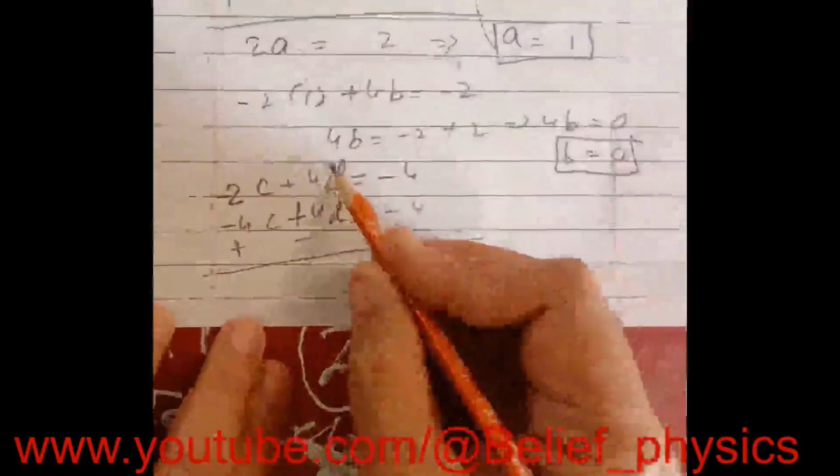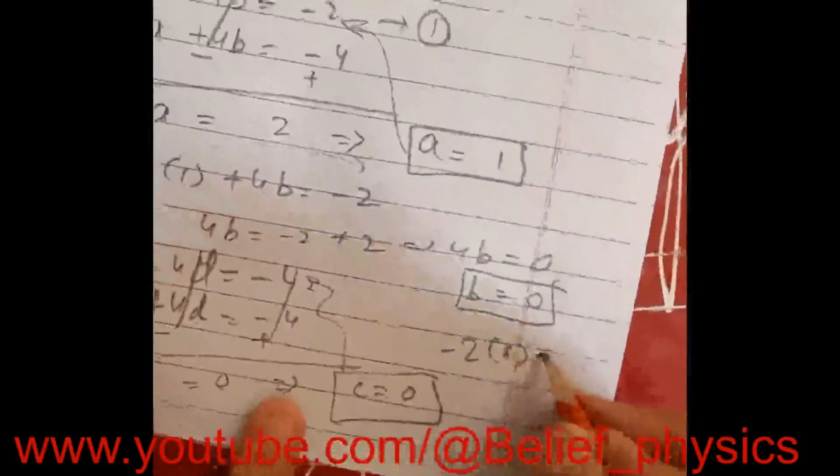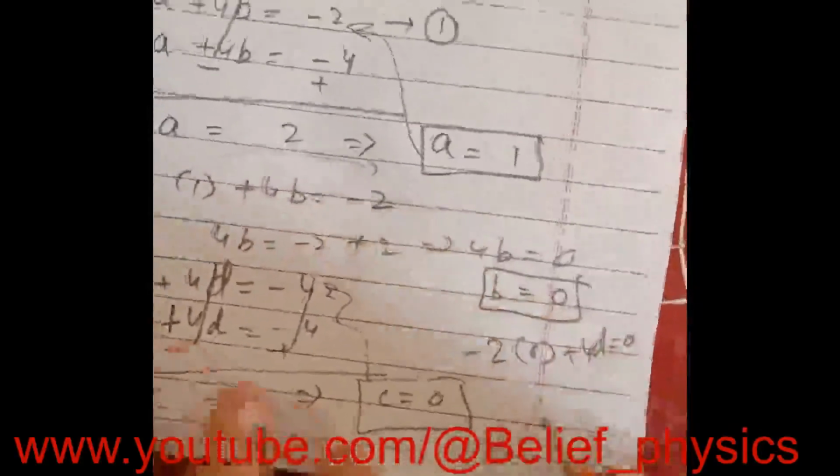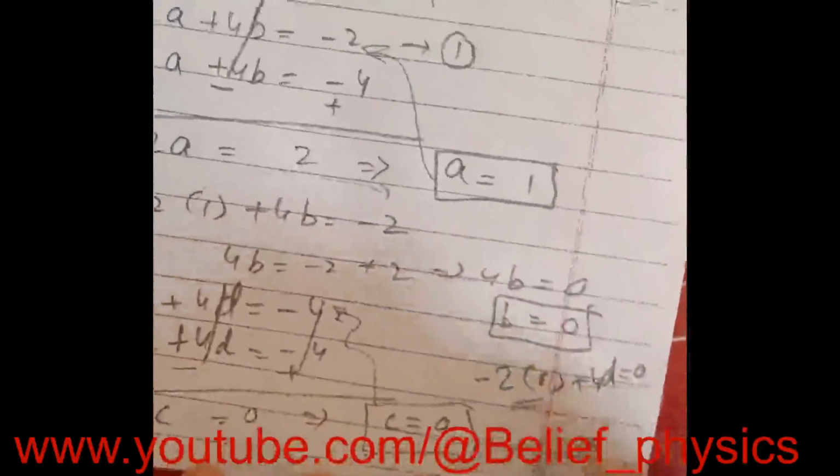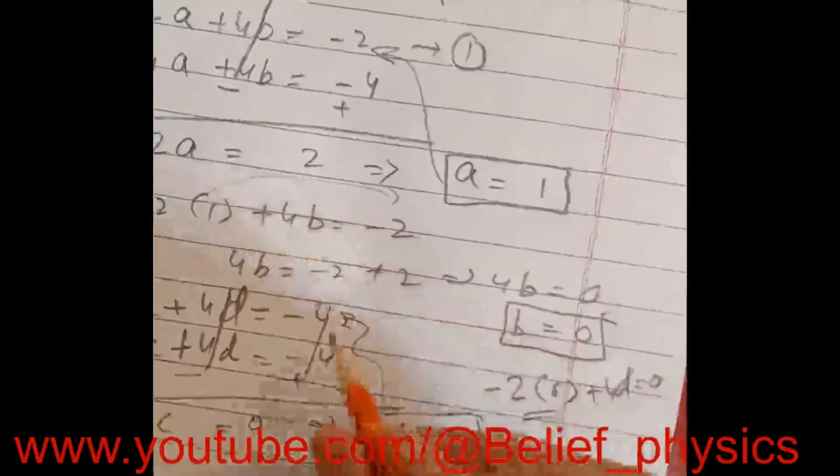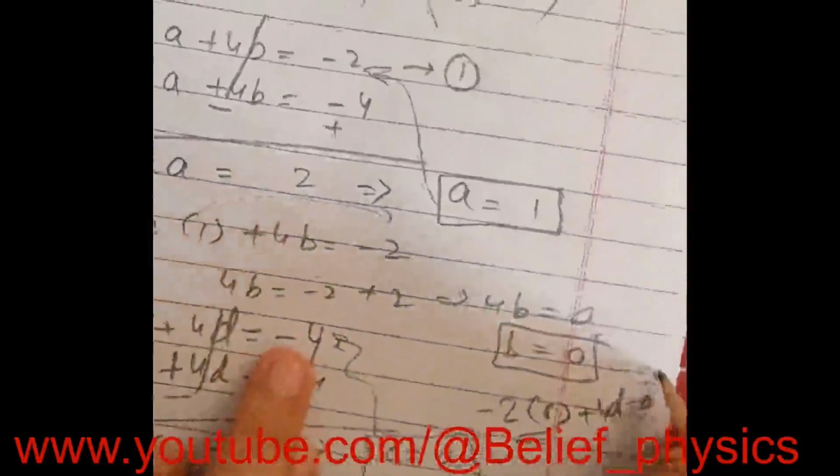So I subtract them, plus, minus, and plus. Cancel there. 4c minus 2c is 2c. 4d cancels, and the right side is equal to 0. So you get c is equal to 0. If we put c is equal to 0 in any of these equations, then this will become -2c, c is 0, plus 4d is equal to 0. So I get 0 plus 4d is equal to 0. So this is equal to -4, sorry.